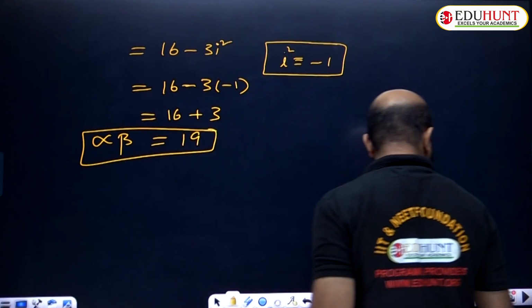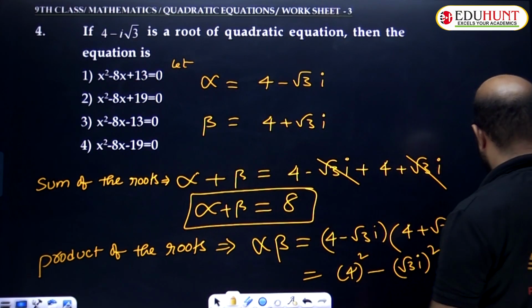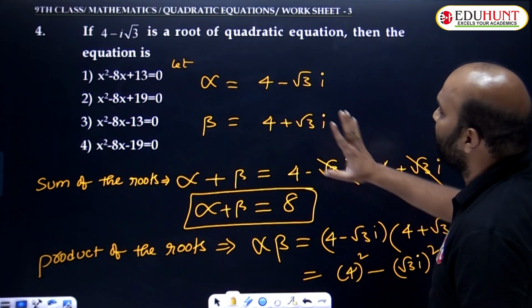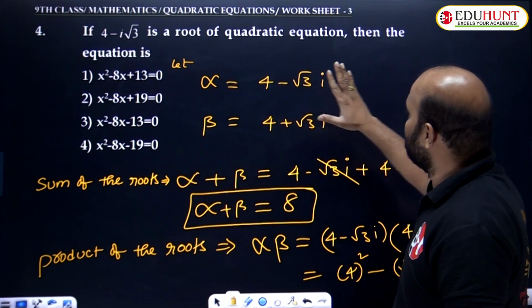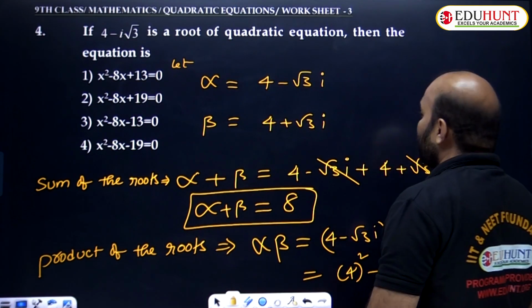Alpha plus beta value is 8. But the question is asking for the general form of the quadratic equation, ax square plus bx plus c. What is the general form?